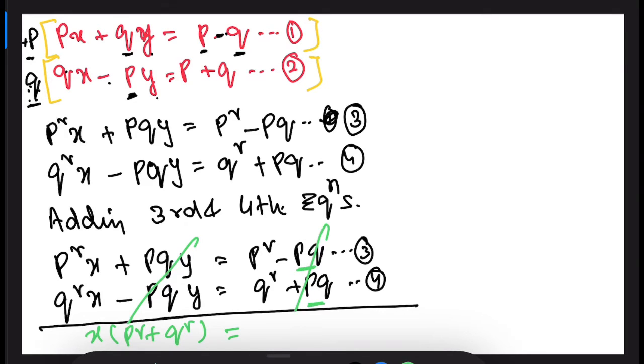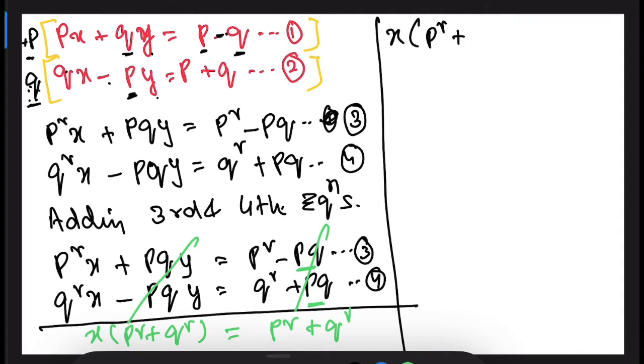Now p square plus q square. Okay, now x into p square plus q square equals p square plus q square. From this we can find the x value.